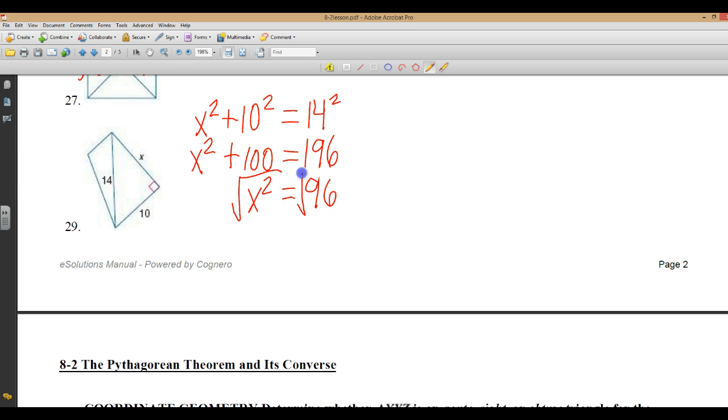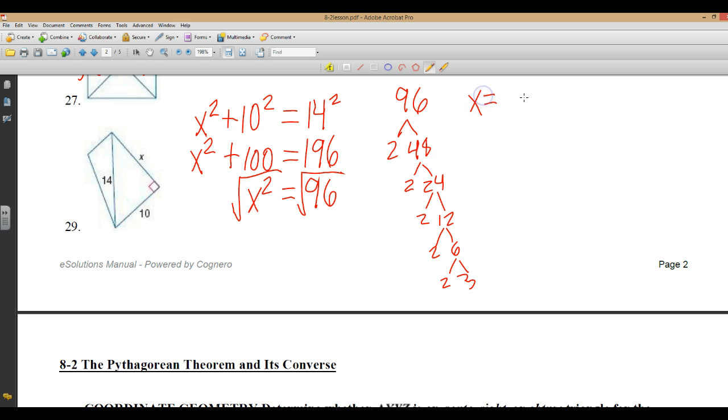Take the square root of that, and 96 prime factorization would be 2 times 48, which is 2 times 24, 2 times 12, 2 times 6, and 2 times 3.